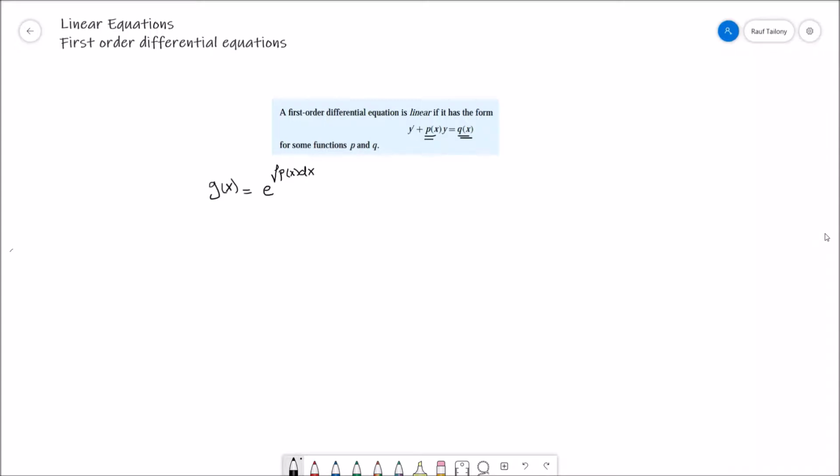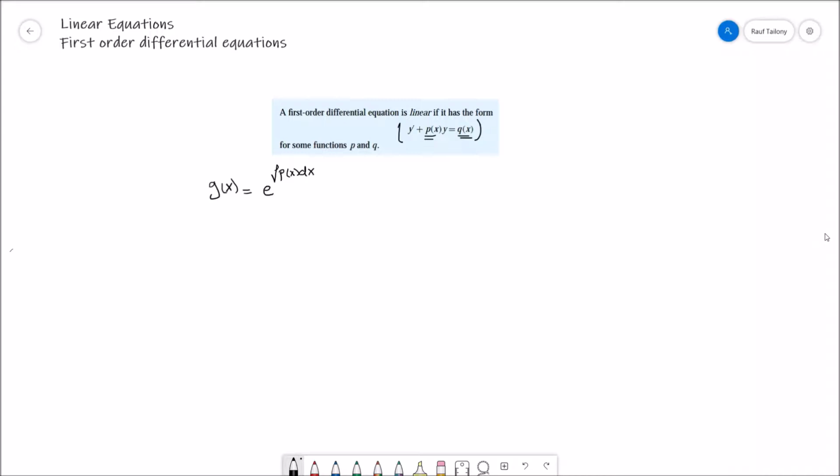So firstly you identify that the equation in front of you is a linear equation, by identifying that it is in the form y prime plus p of x y equal q of x. Then this p of x, you just keep it in mind, then use it down here to find what is called the integration factor.